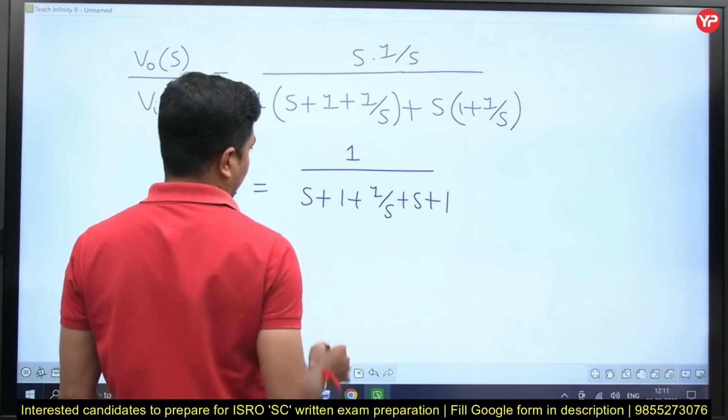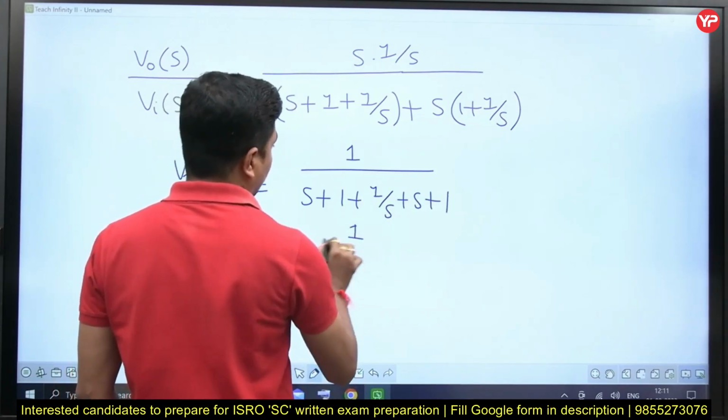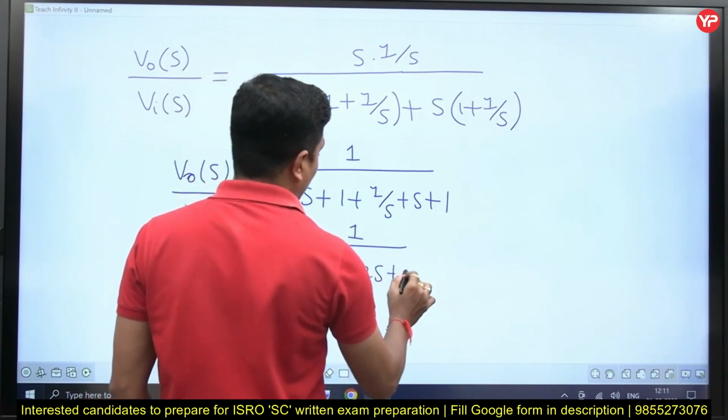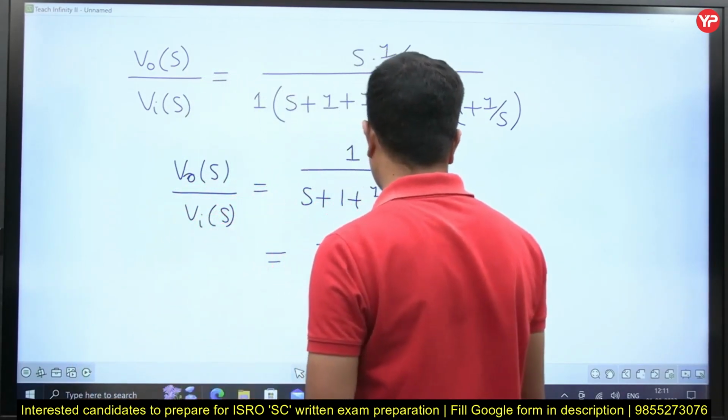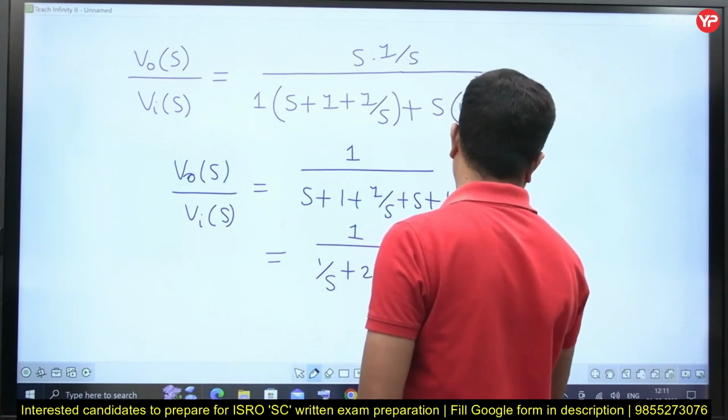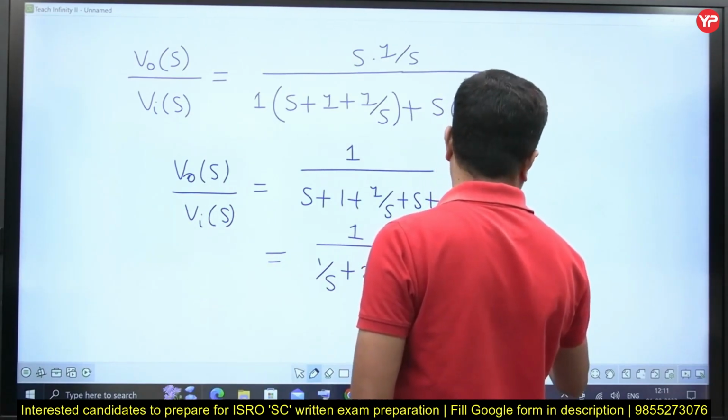So if you simplify it, 1 by S plus 2S plus 2, that is equal to 2S square plus 2S plus 1.